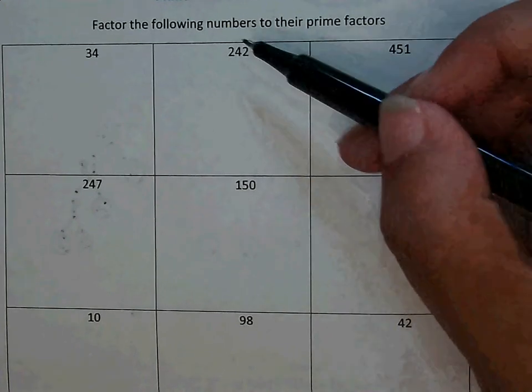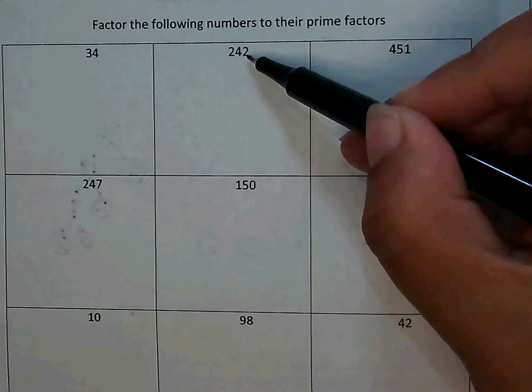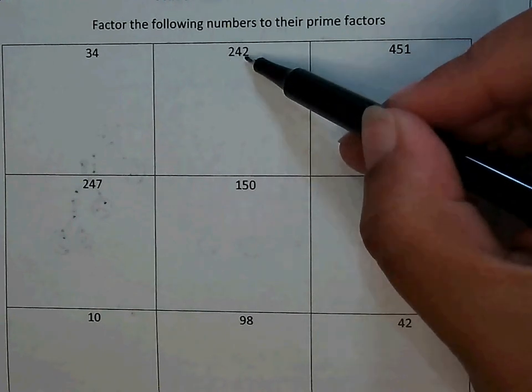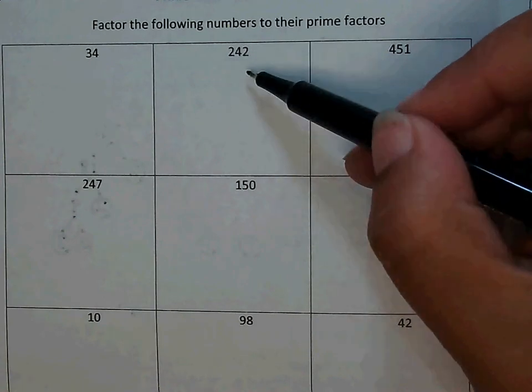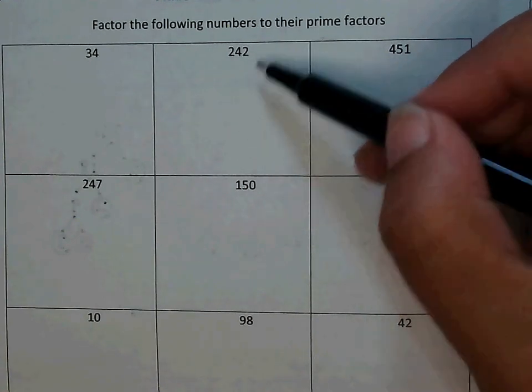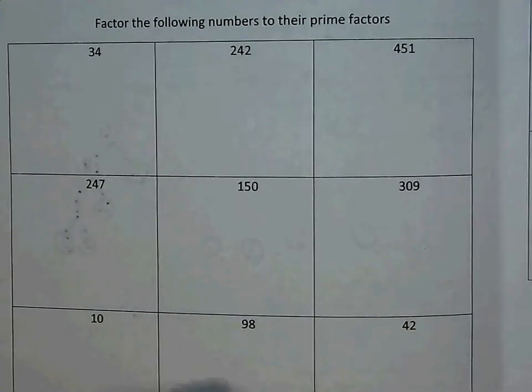Remember, divisibility by 3: you add the digits together, so 2 plus 4 plus 2 is 8. If I can divide that by 3, then it works. This I can't divide by 3. Then you can try 4, and try 5, try 6. But if you want to, you can always just start off small.